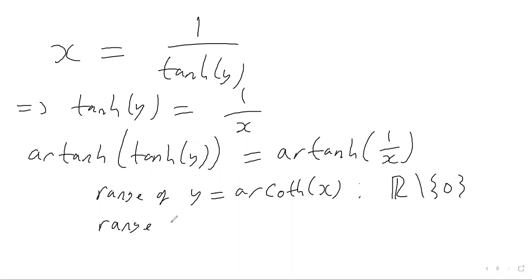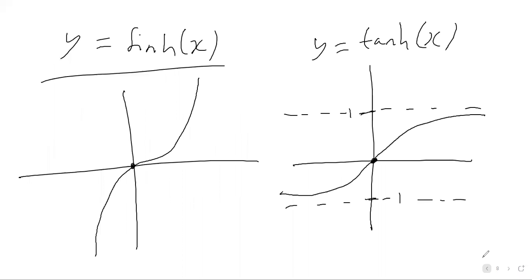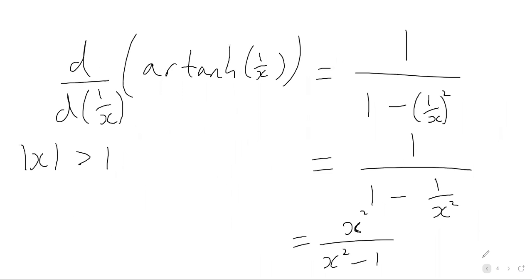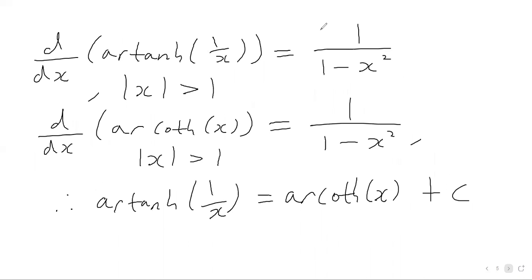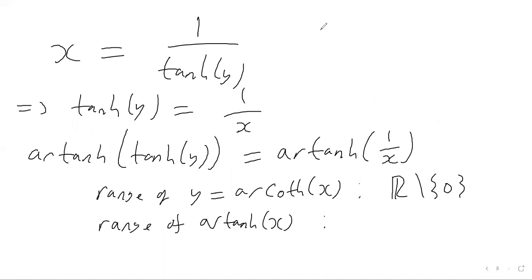So if we just consider the range of the artanh of x function, well, we've sketched that graph over here, and we can see the range is from minus infinity to infinity. So all real numbers.